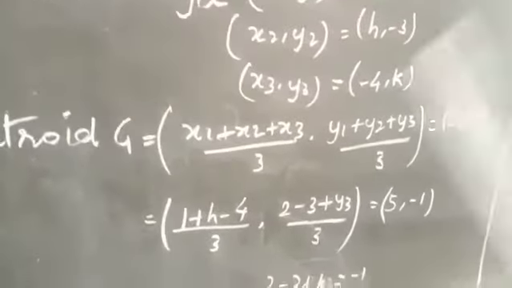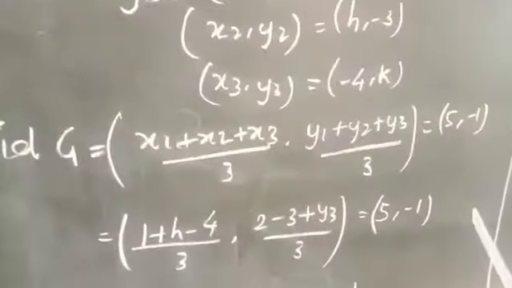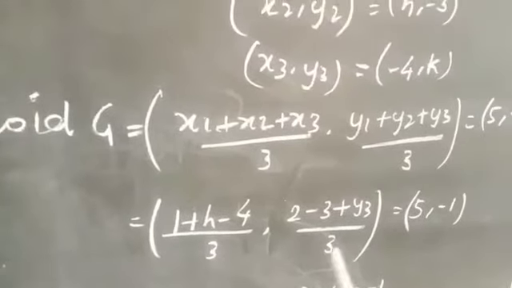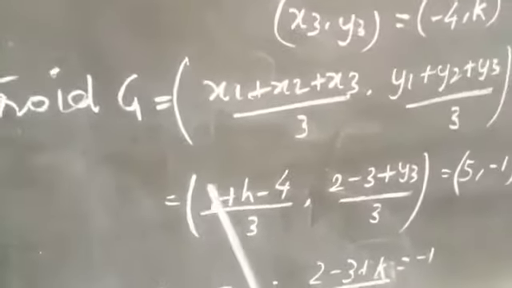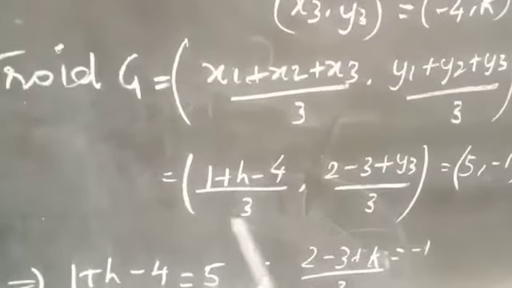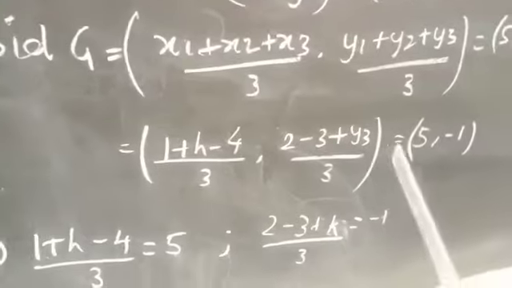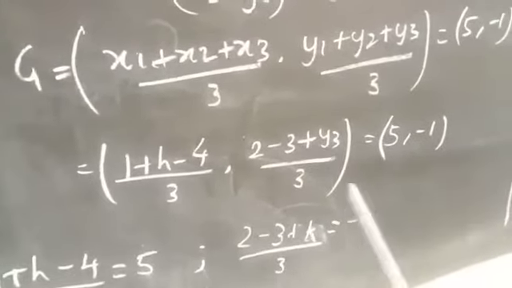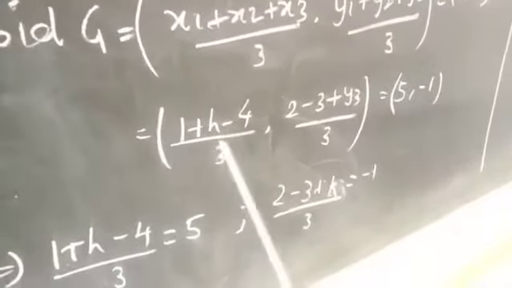Here in this sum the given centroid is (5, -1). So we substitute the values of x1, x2, x3, y1, y2 and y3 in this formula. We get (1 plus h minus 4) divided by 3 comma (2 minus 3 plus y3) divided by 3.